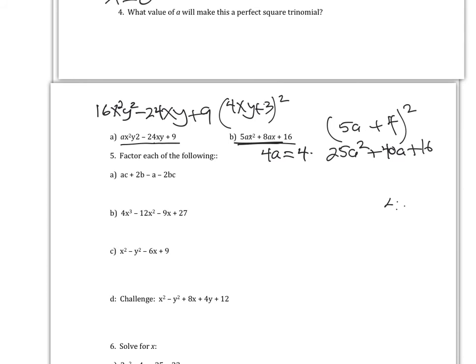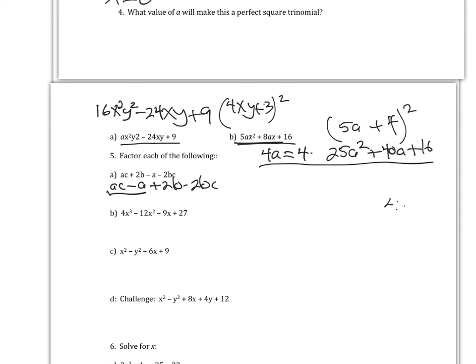So let's start factoring here. Okay, so we have AC plus 2B minus A minus 2BC. Well, that arrangement doesn't work. So let's rearrange it to AC minus A plus 2B minus 2BC.